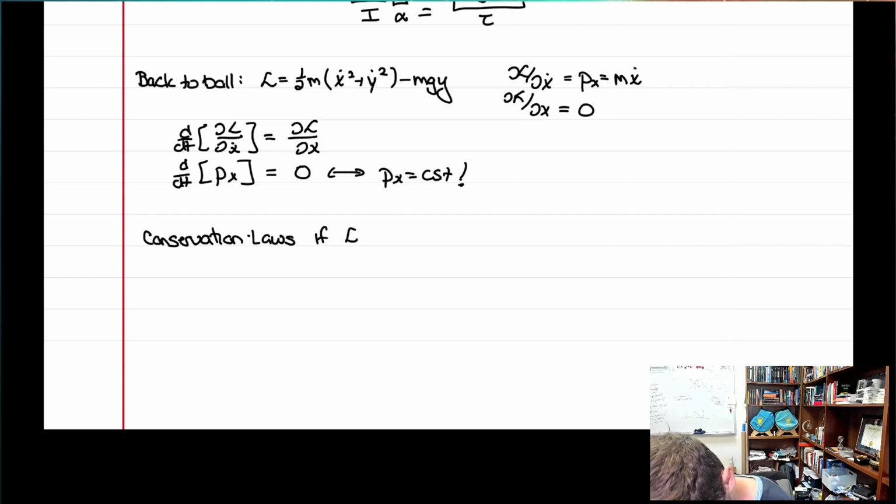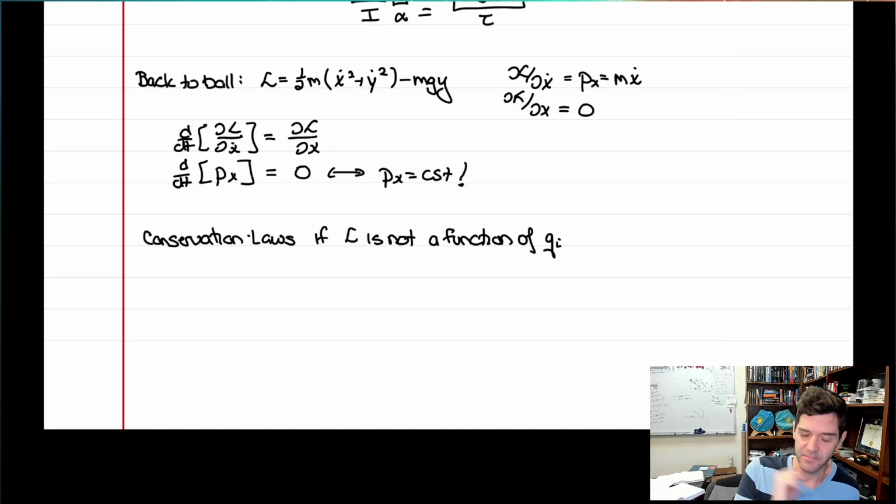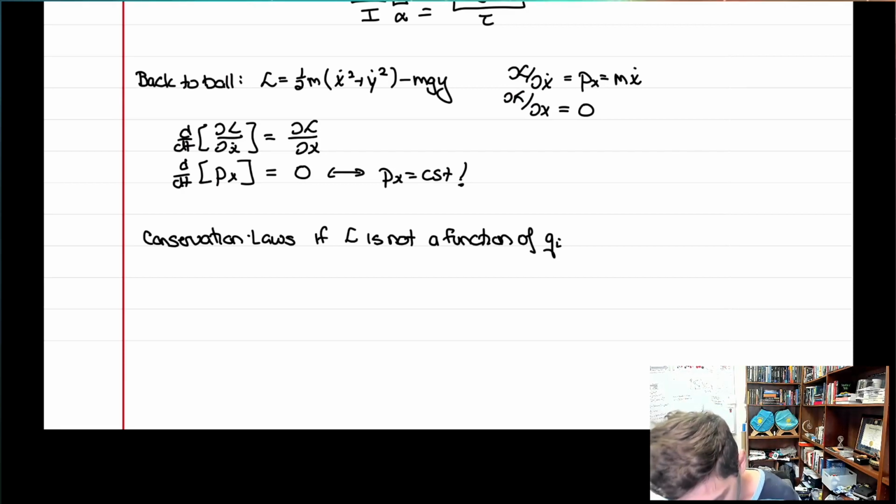If L, the Lagrangian, is not a function of q sub I, right? So in the example above, x did not appear in the Lagrangian, so the Lagrangian is not a function of x. If L is not a function of q sub I, then the partial of the Lagrangian with respect to q sub I is 0.